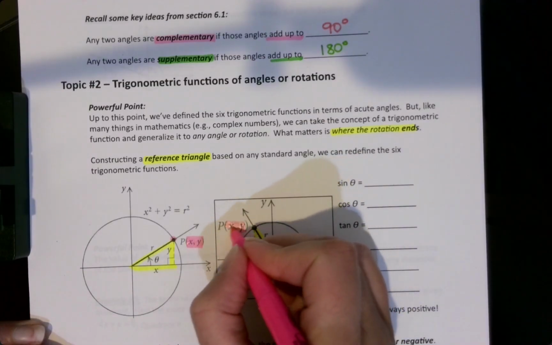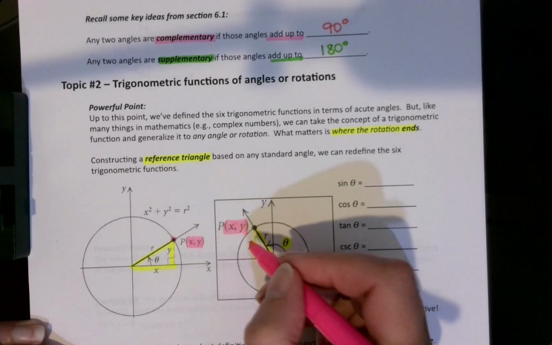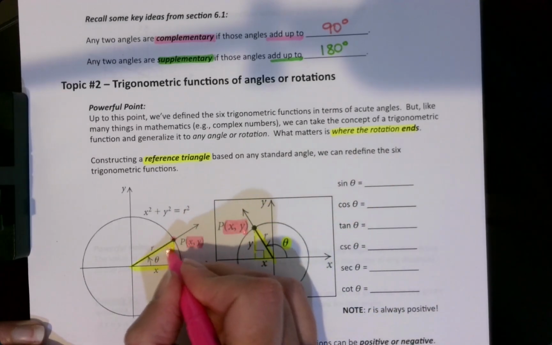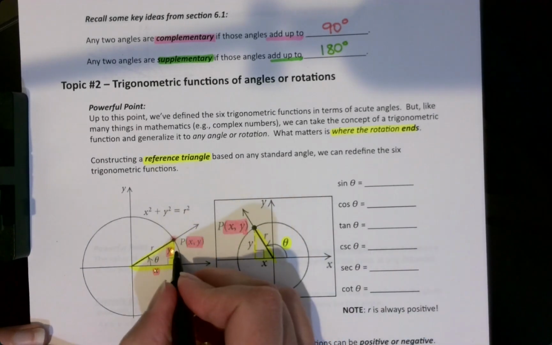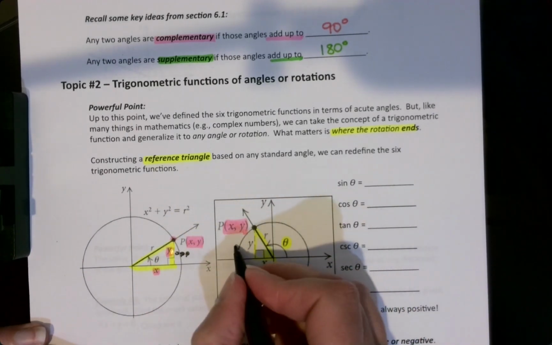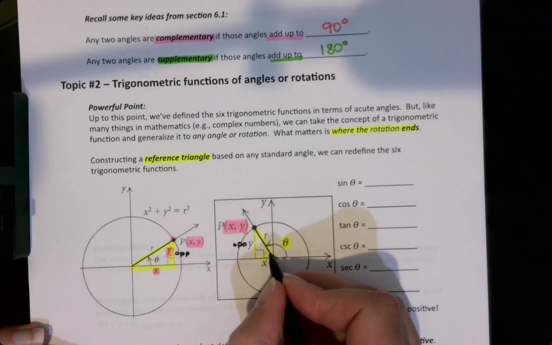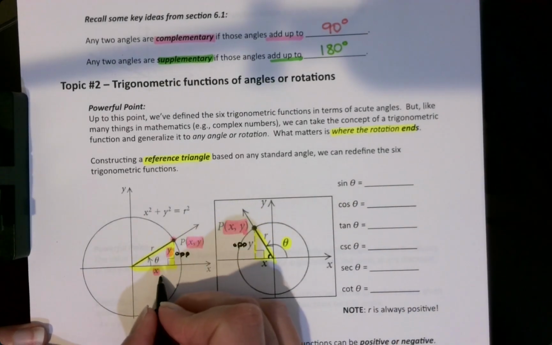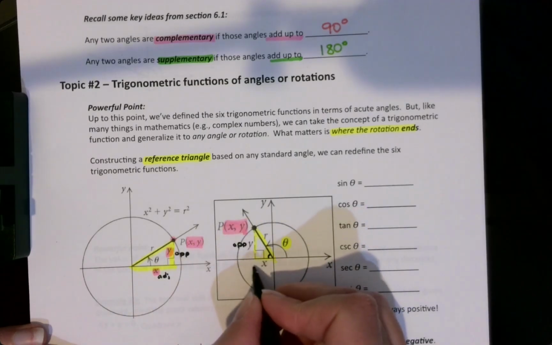So I've got this ordered pair, again, as the x coordinate and the y coordinate, and we're going to use the y coordinate as the side that is opposite. And that's true in both of these, right? The y coordinate for my angle is the side opposite of my angle or its reference angle. And the x coordinate is the side adjacent. The x coordinate is the side adjacent to the angle.